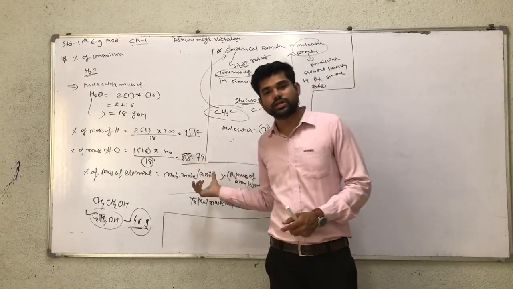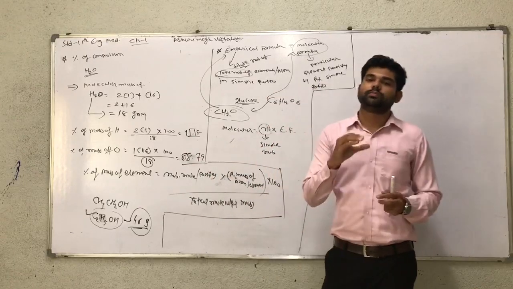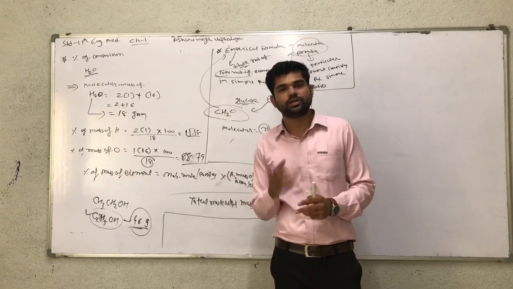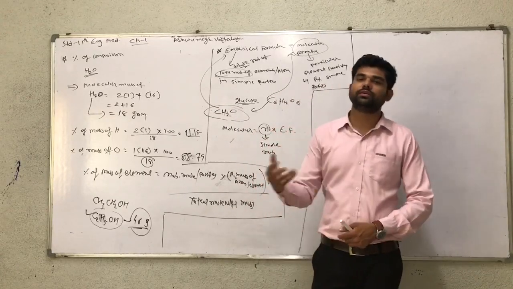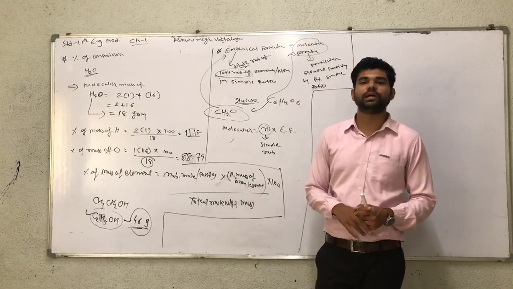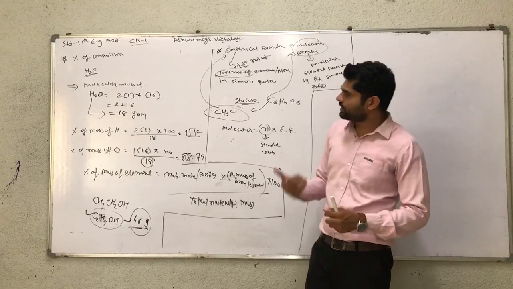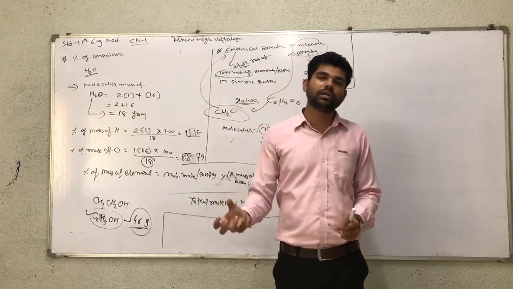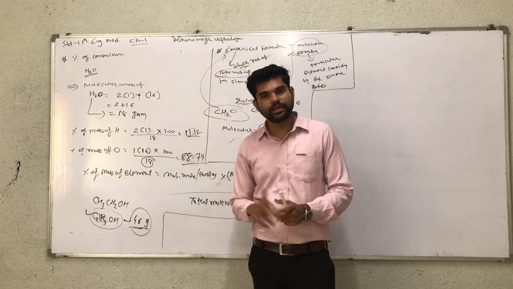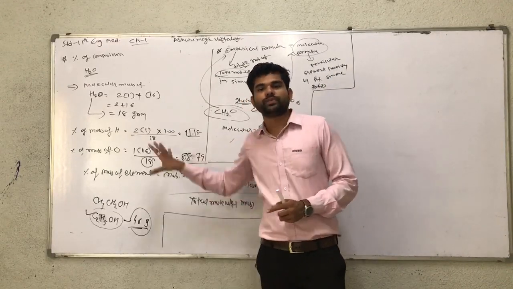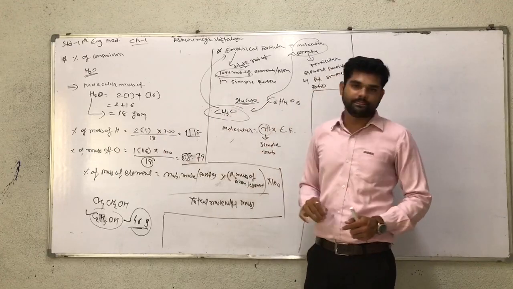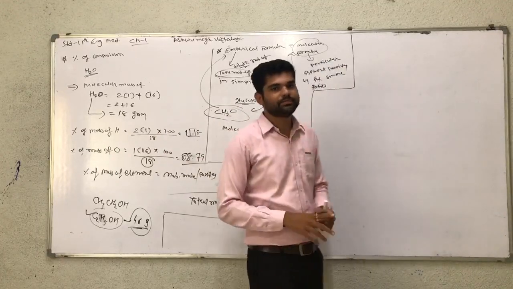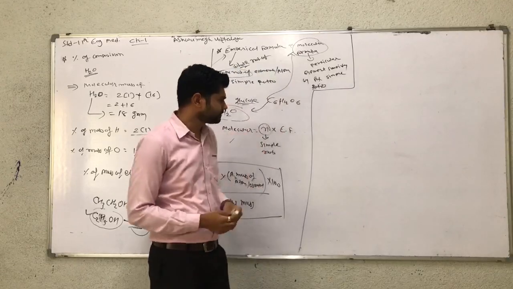Why do we study this? We use percentage composition to find an unknown compound, or conversely, from a known compound find how much percentage of a particular element is present.